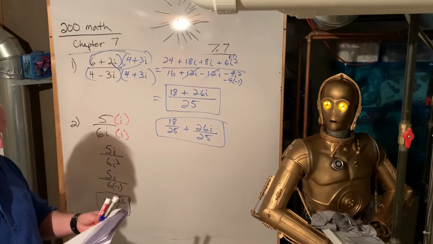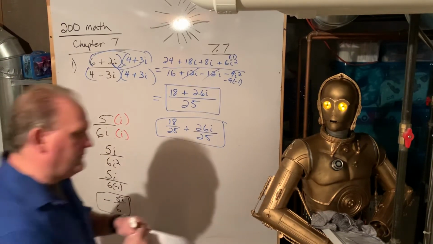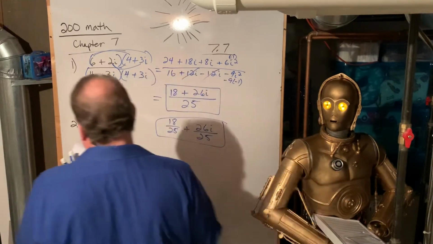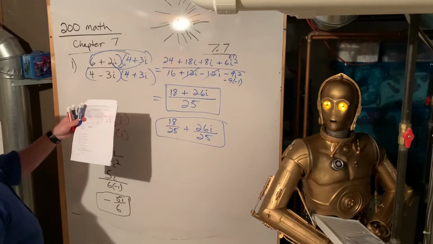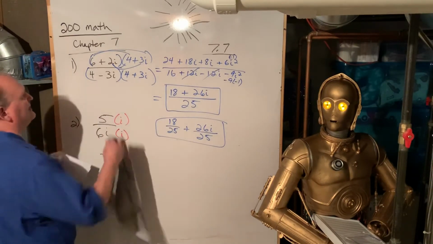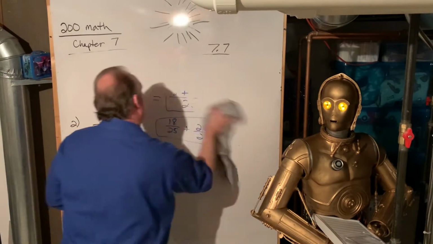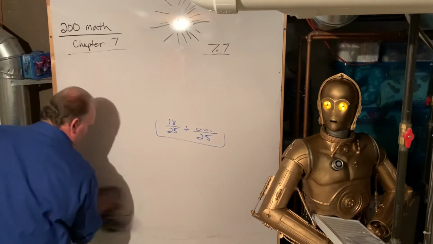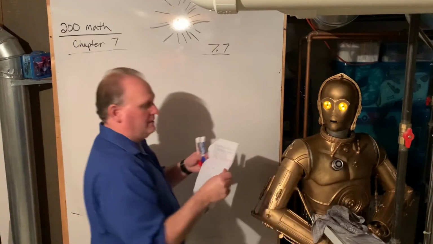All right, and then the last page, if you look at the bottom of 23, i squared is negative 1. i to the third is negative i. i to the fourth is positive 1. i is just i. So keeping that in mind, basically every time you have 4 i's, you've got yourself a positive 1.